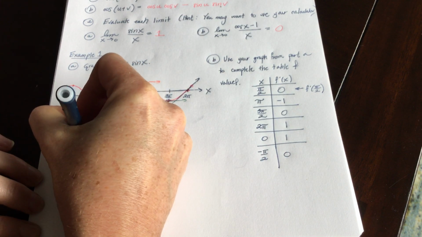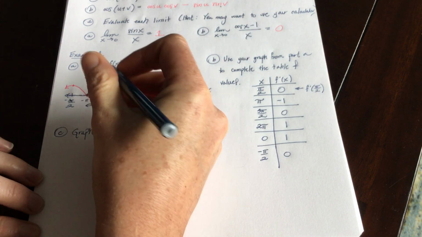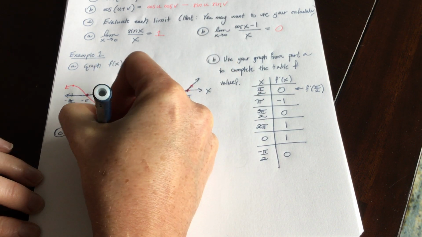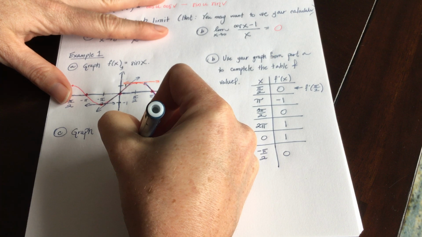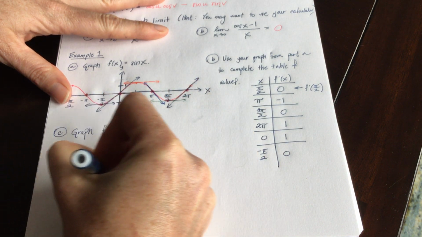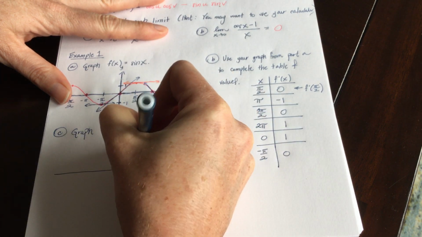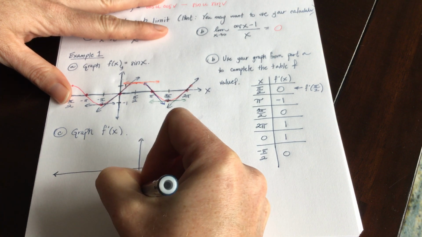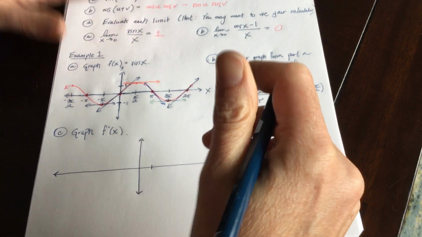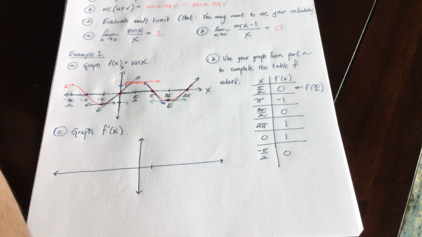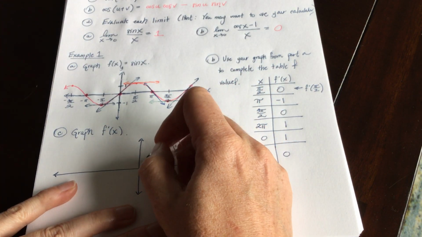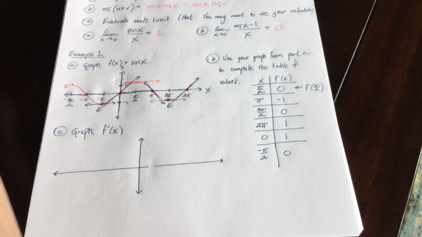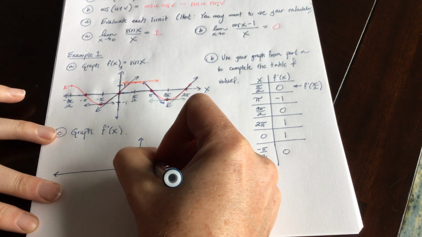Okay? So for part C, the reason that I'm asking you this for part B is because for part C, I'm going to ask you to graph, if f of x is sine of x, graph f prime. I'm going to try making a square scale.